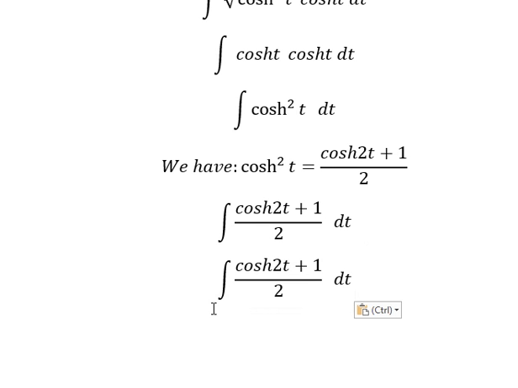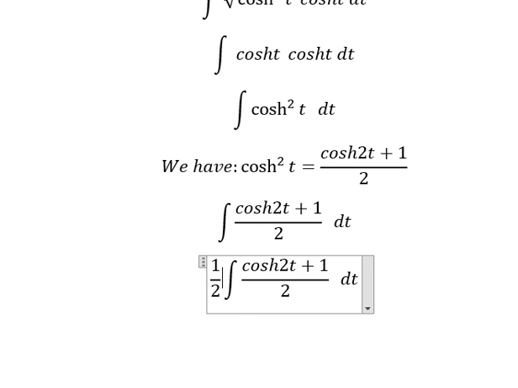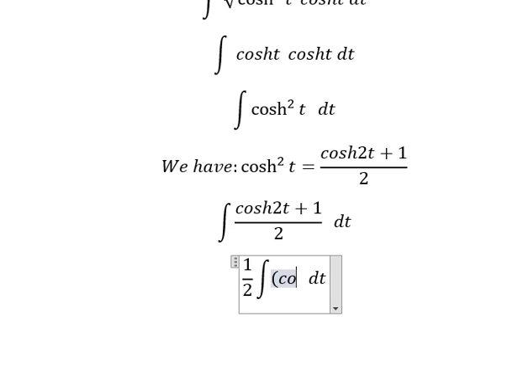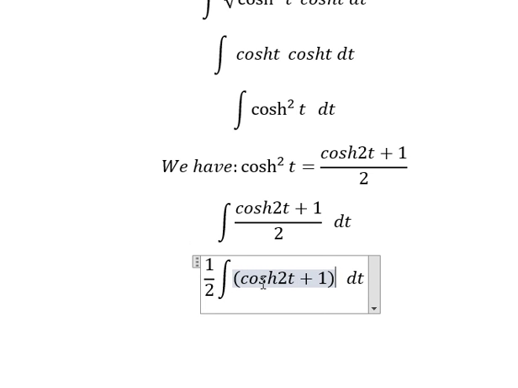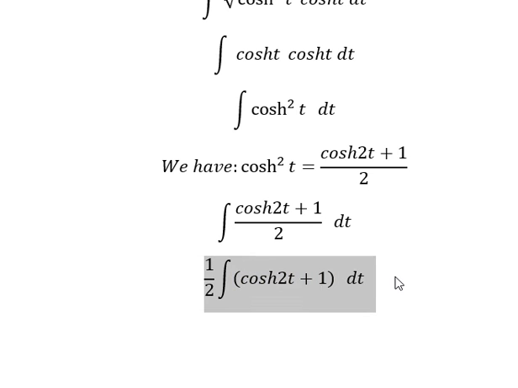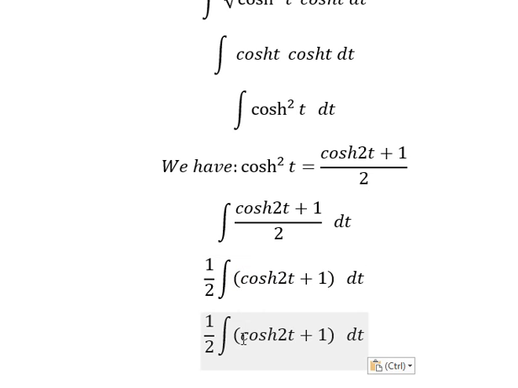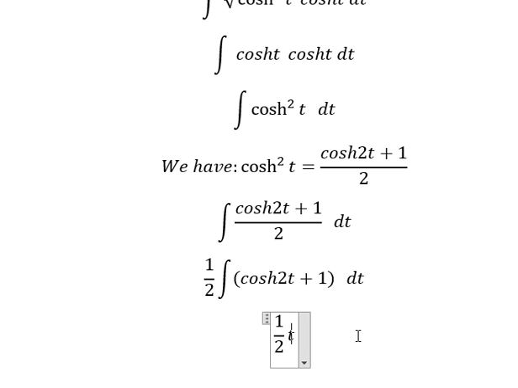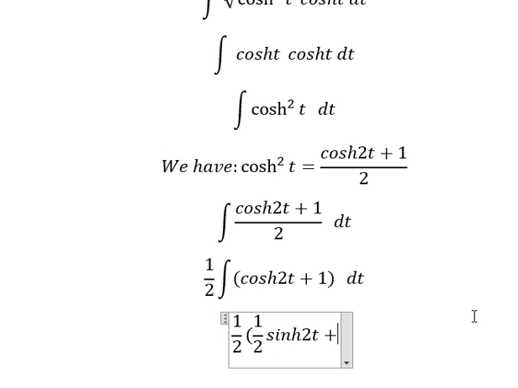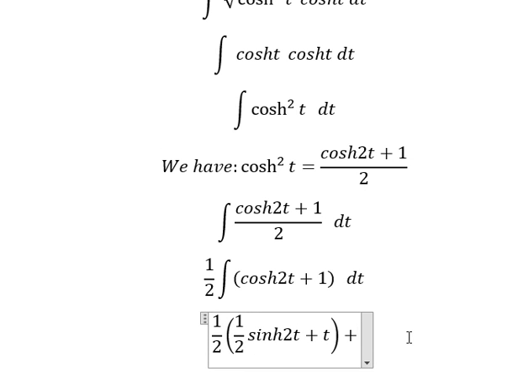So number 2 I will put outside. The integration of cos 2t, we have 1 over 2 sin 2t. Number 1 is about t, and I will put c.